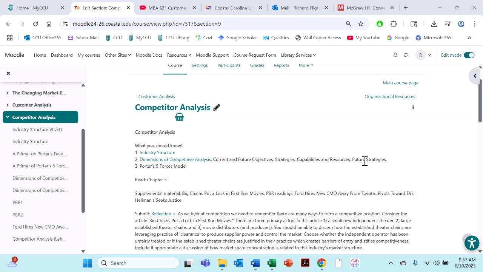A standard model that has been used in management a lot, it comes from Michael Porter, and it's called Porter's Five Forces model, which is introduced earlier in the term or in another module.